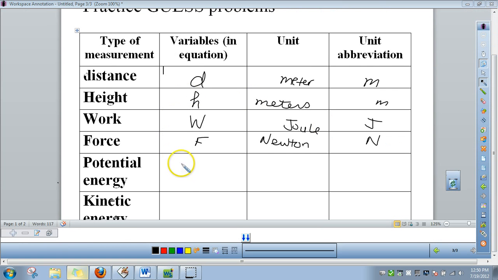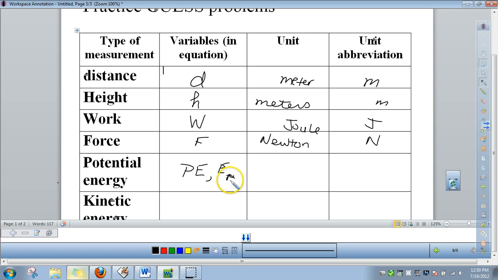Potential energy. The variable you find in an equation for potential energy is capital P, capital E, or sometimes you will also see capital E, lowercase p. The reason it's often written like this, especially as you look into higher level textbooks, is because you're measuring energy. When you measure energy, there are many kinds of energy that you can measure.